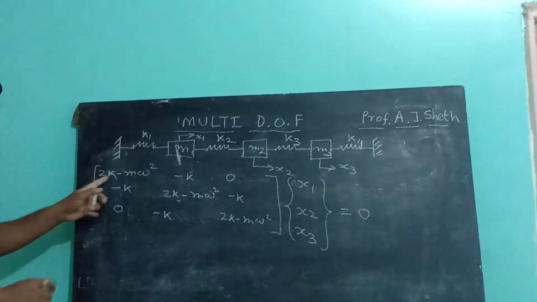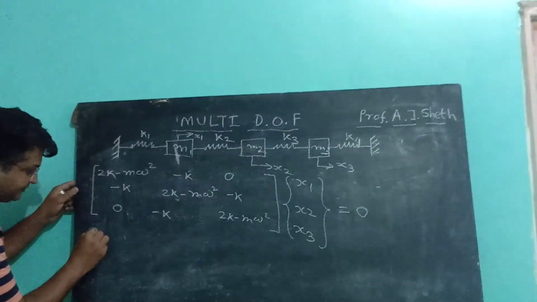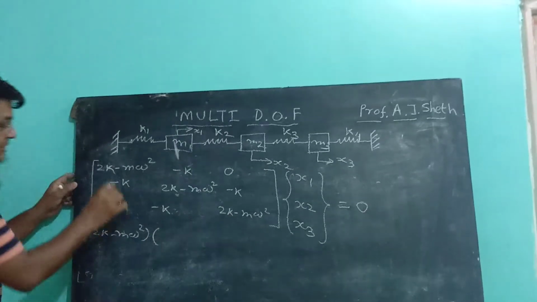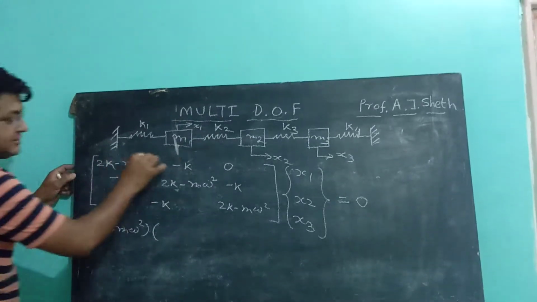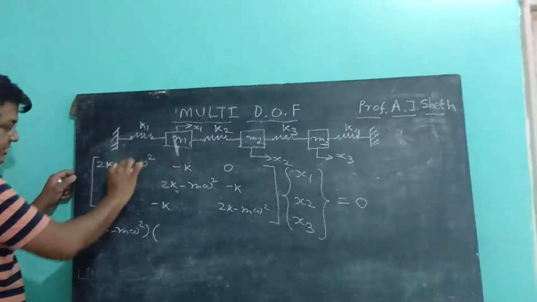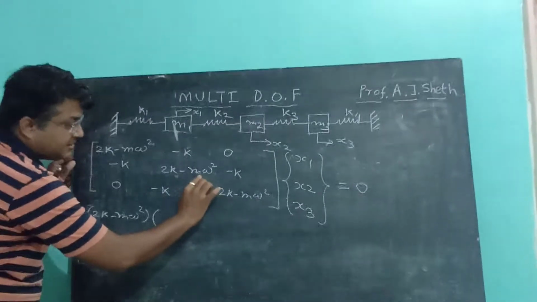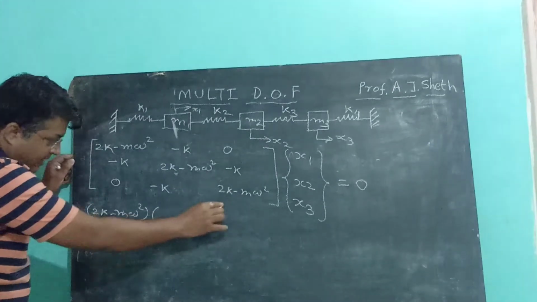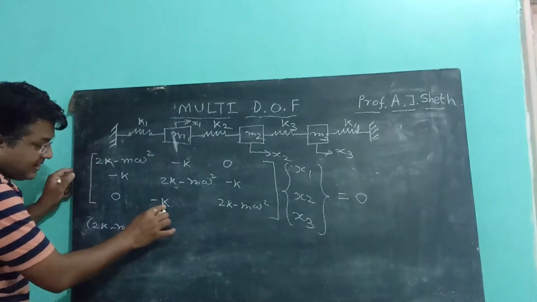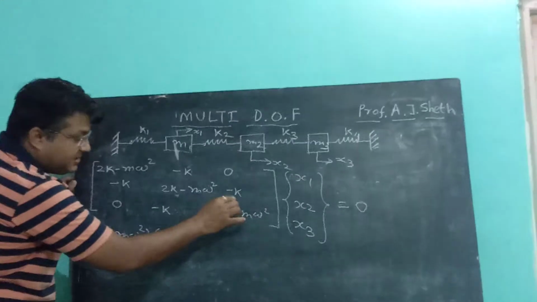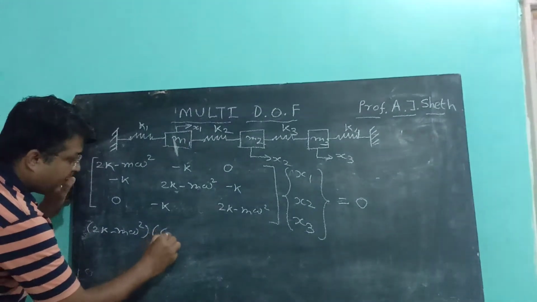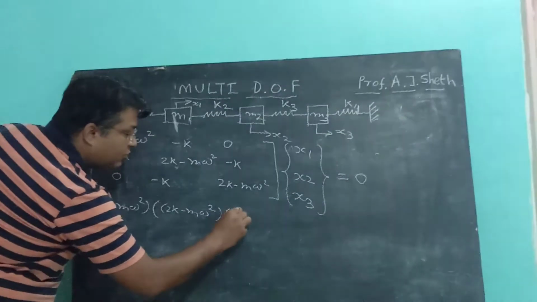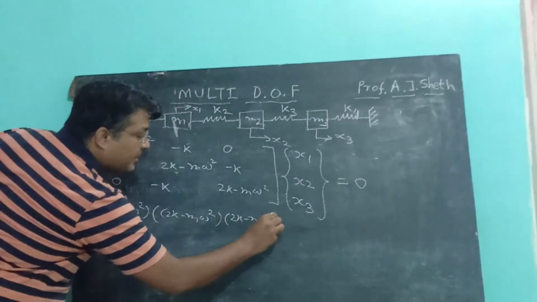Determinant of the matrix is 2k minus m omega square multiplied by, forgetting this row as well as column, 2k minus m omega square multiplied by 2k minus m omega square, minus multiply k with this k.